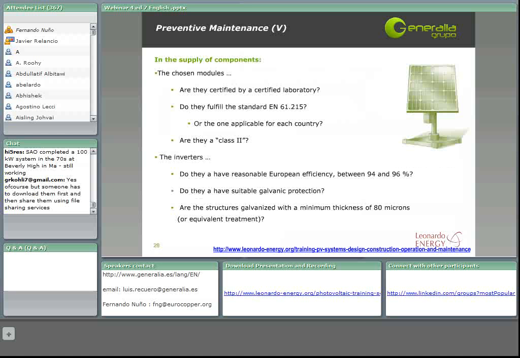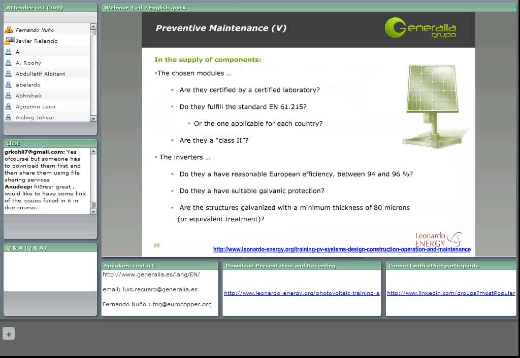Second, do they fulfill the standard which is applicable for the country where we are doing our solar facility? Normally in Europe it will be the standard EN 61215. And third, we have to verify if they are class 2.